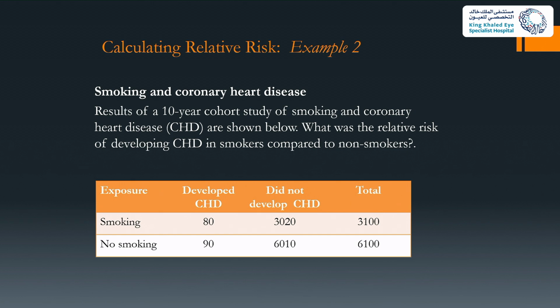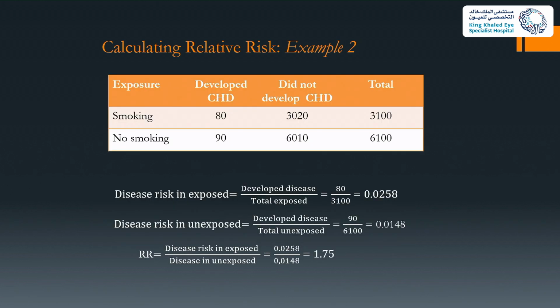So the next example is smoking. Is smoking associated with coronary heart disease? Results of a 10-year cohort study of smoking and coronary heart disease are shown below. What was the relative risk of developing CHD in smokers compared to non-smokers?